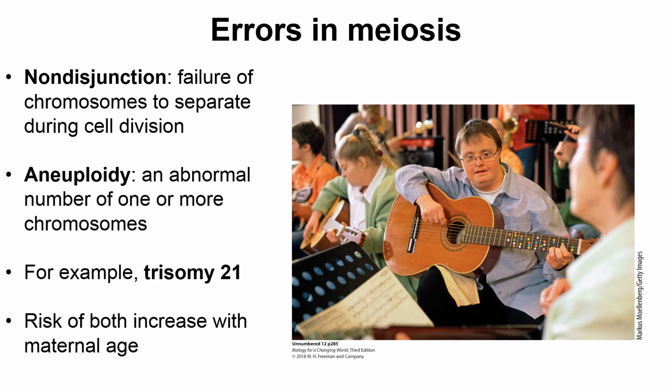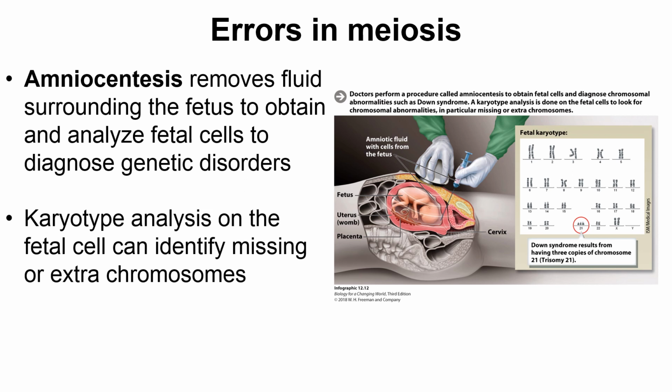We also know that as the mom gets older and older, when they reach 40 years or older, the chances that they're going to have an offspring with Down syndrome increases as well. Nowadays, you can actually have a test done to determine whether the fetus in your belly is going to have Down syndrome or not.